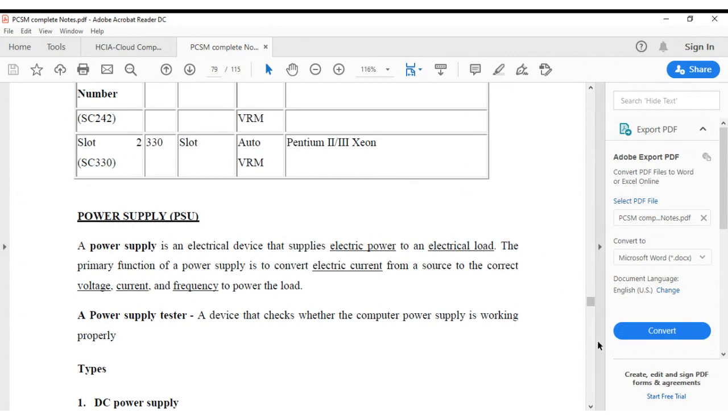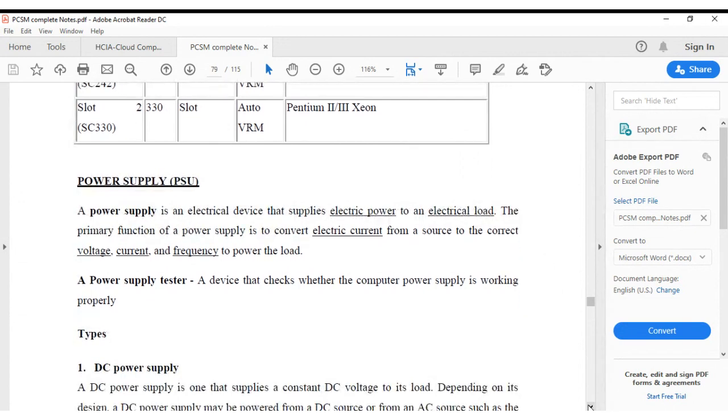Now, what is a power supply? A power supply is an electrical device that supplies electrical power to an electrical load. We need to note it's an electrical device that supplies electrical power to an electric load.